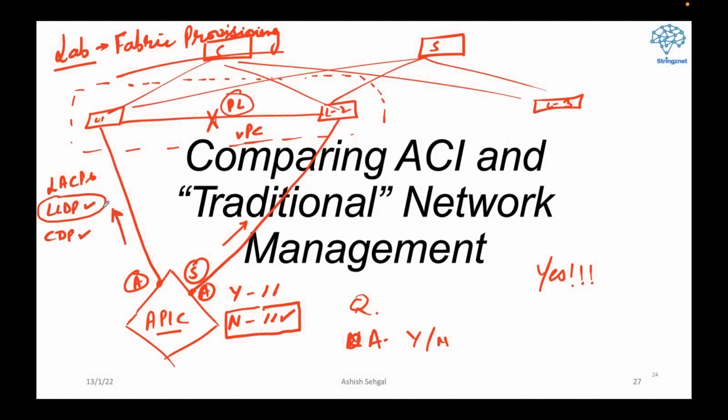LLDP is configured whenever we configure any interface. The moment we configure any interface, we immediately enable LLDP. You know what for? LLDP is the protocol which ensures that no spanning tree loop should happen.